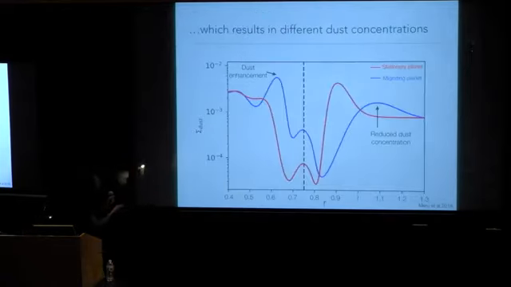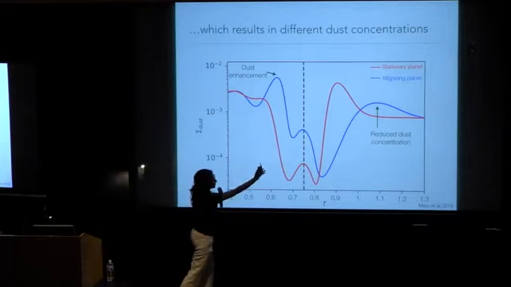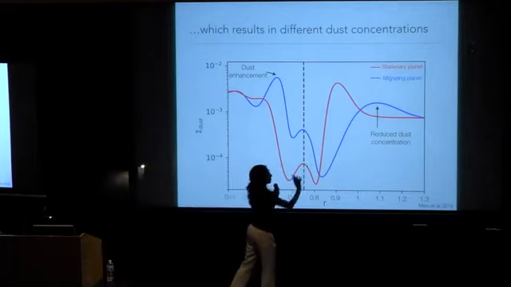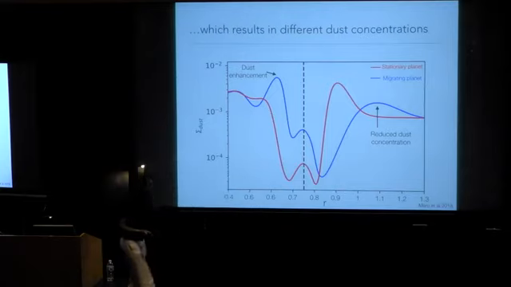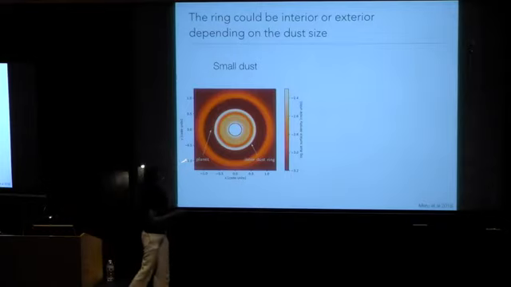Okay, so I showed here that you have a dust enhancement in the inner part, and a reduced concentration, this is the blue line I'm referring to, in the outer part. But this is just for one particular particle size. What we can do is now look at what happens for different particle sizes. For the small dust, what we found was something quite surprising.